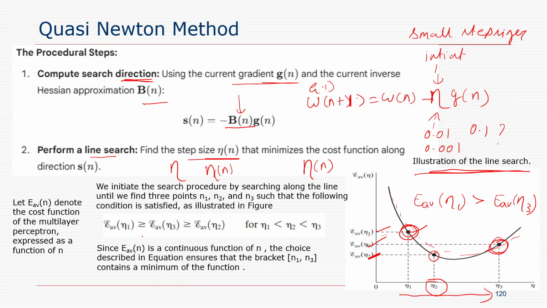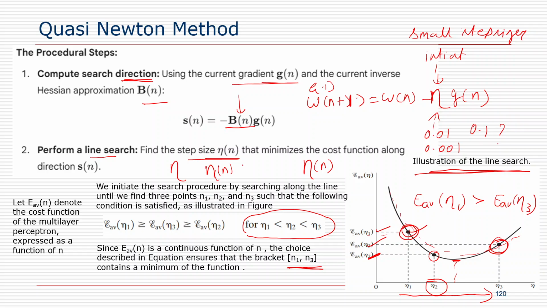So in the line search, if we have found three eta values, eta 1, eta 2, eta 3, we can conclude that there is some optimal value between eta 1 and eta 3. In this case it is eta 2, though it should have been a bit different, but there will be some value between eta 1 and eta 3 which guarantees to minimize the error.